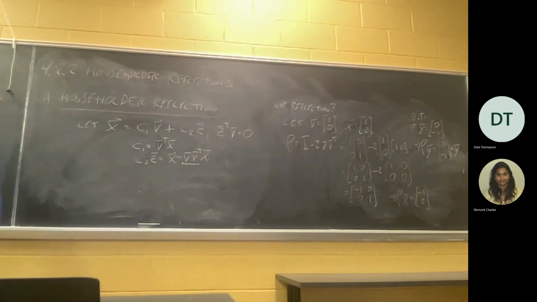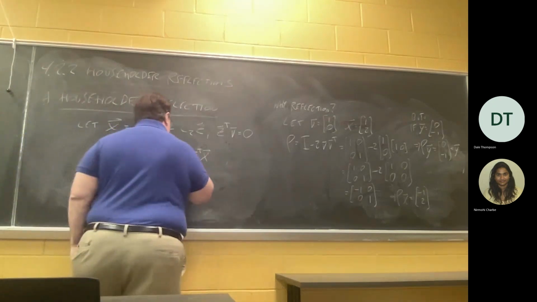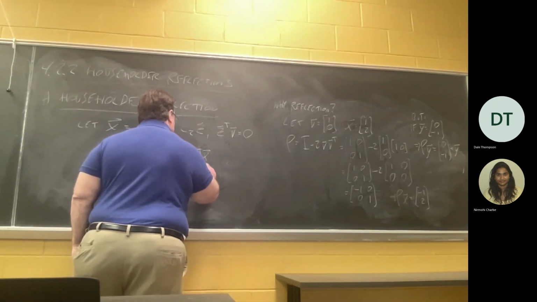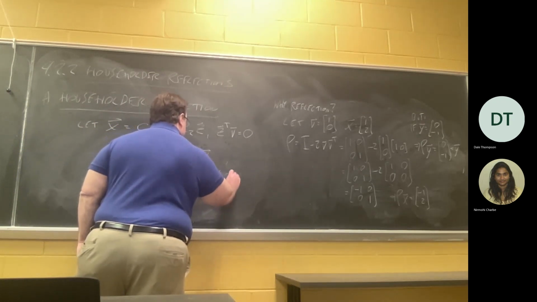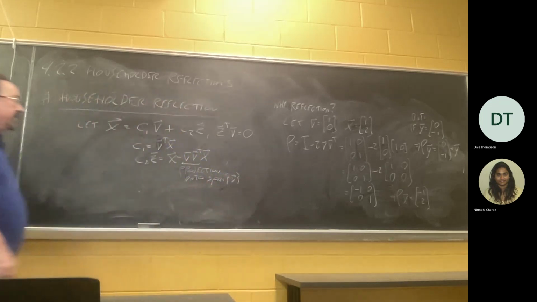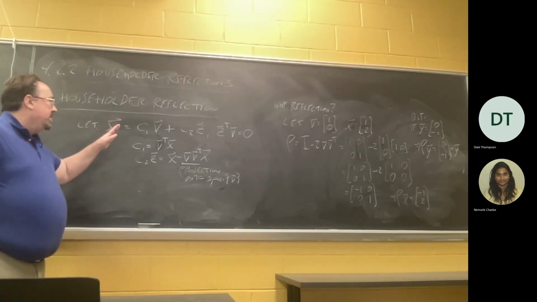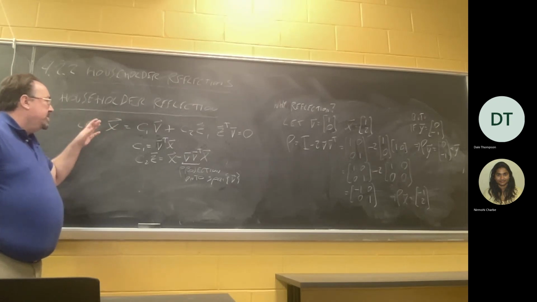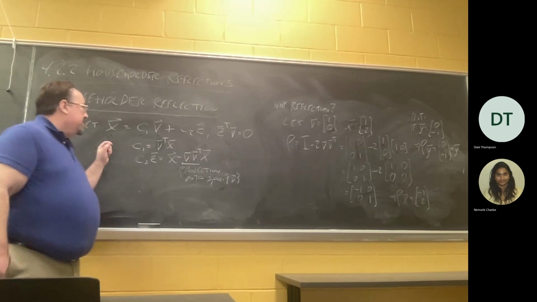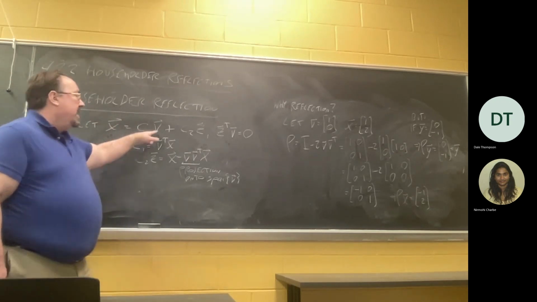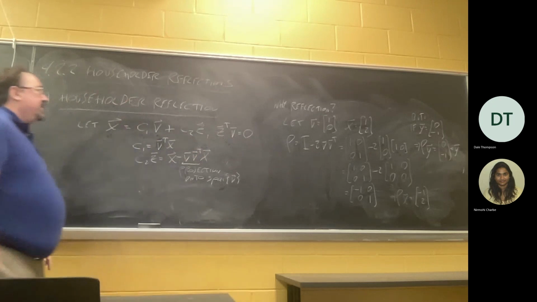This right here, the matrix v v transpose, that is the projection onto a subspace that consists of all scalar multiples of v. So this is something you can do in general. There's a unique decomposition of a vector within a certain subspace and another vector in the orthogonal complement of that subspace.